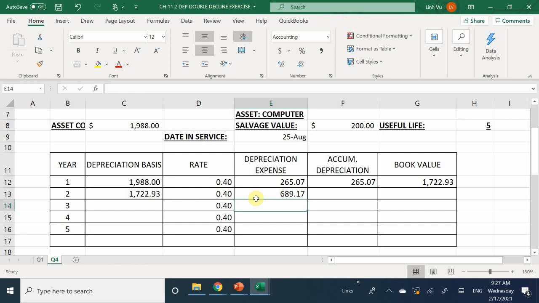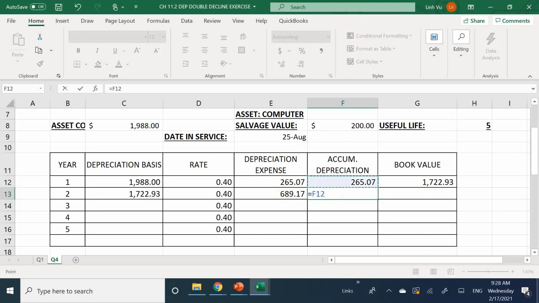That means when we start the second year, we are depreciating it for the whole year, from January all the way to December 31st. Because the asset's life is 5 years, we're now depreciating it for the whole year. So yes, 689.17 is correct. Let's go ahead and add these numbers together.